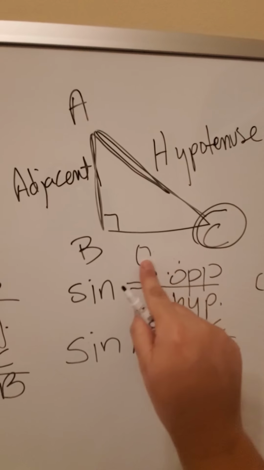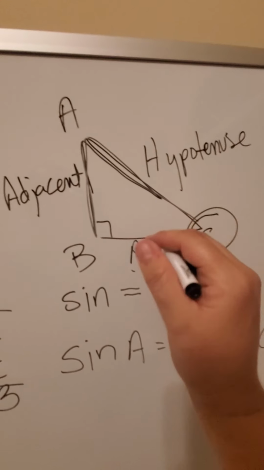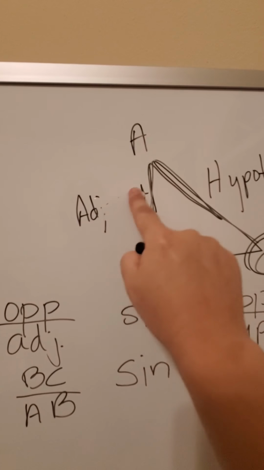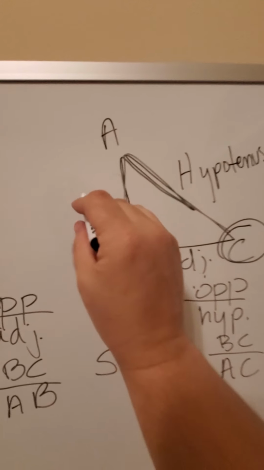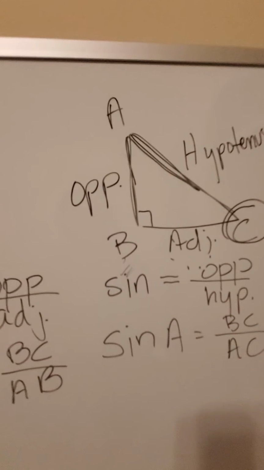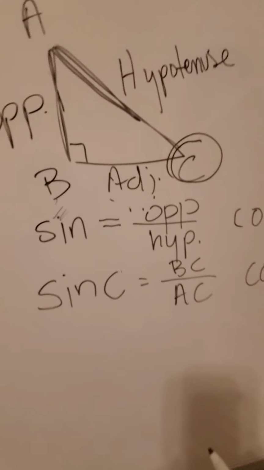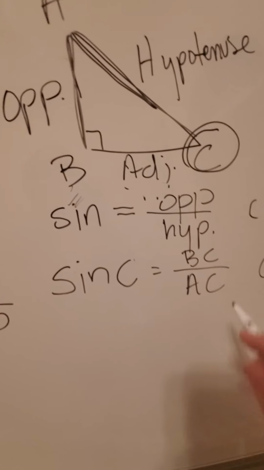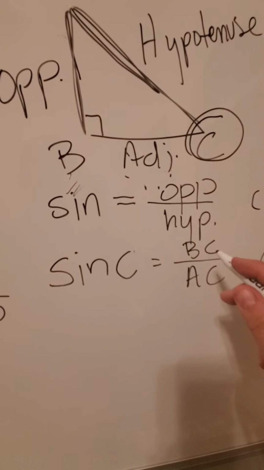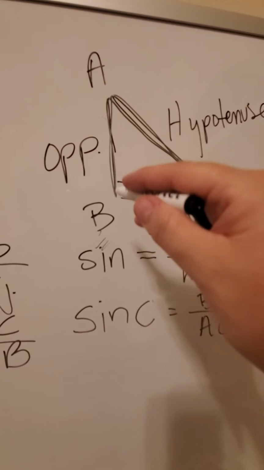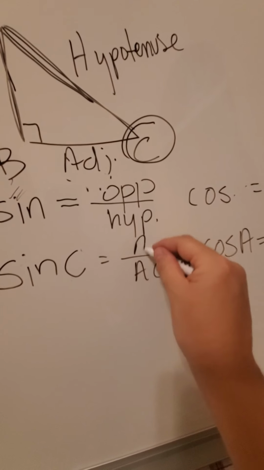Instead of being opposite here, this would become adjacent, and instead of adjacent, this would become opposite. So if I say sine of C, my hypotenuse is going to stay the same, but instead of BC, now I want to put AB.